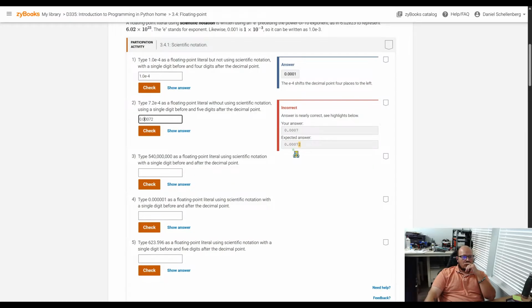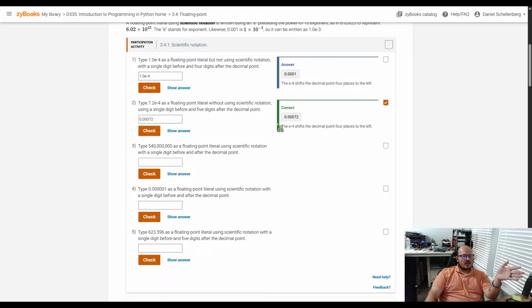1, 2, 3, 4. So I wonder why it says that the E negative 4 shifts the decimal point 4 places to the left, which, okay, but 1, 2, 3, 4, it doesn't seem like it shifts it 4 to the left.